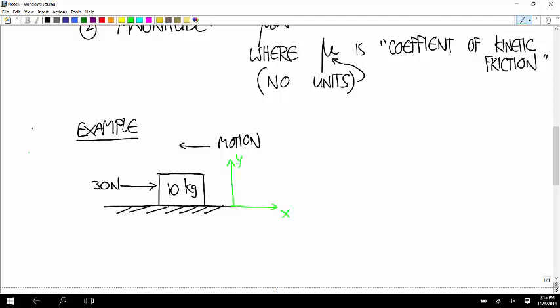There's the x-axis, there's the y-axis. And so here's a free body diagram. There's a weight force acting down. That's 10 times 9.81, so 98.1 newtons.